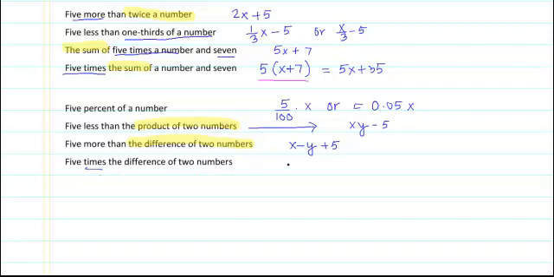So the difference of two numbers is our x minus y, and this time we need 5 times that, so parenthesis around this, 5 times. And again, just like we had done for this problem, if required we will distribute the 5 and say this is 5x minus 5y, but for the purposes of this exercise set we are only translating verbal expressions into variable expressions. So for the purpose of this exercise set, that's all you need. 5 times the difference of two numbers.